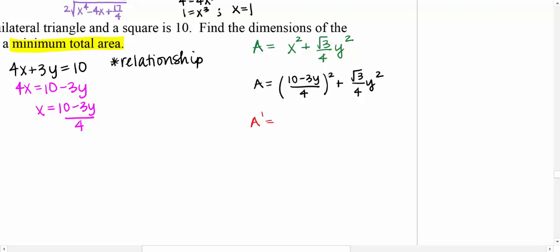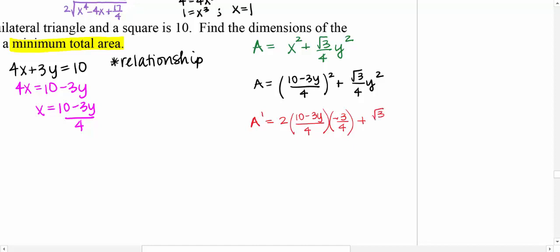So I'm going to use chain rule here on this first one, bring down my exponent, keep my base the same, times the derivative of what's inside. Just be careful. It's not just negative 3, right? Because this would be 10 over 4 minus 3 over 4 times y. So my derivative of what's inside is negative 3 over 4. Okay, plus, bring down your 2.